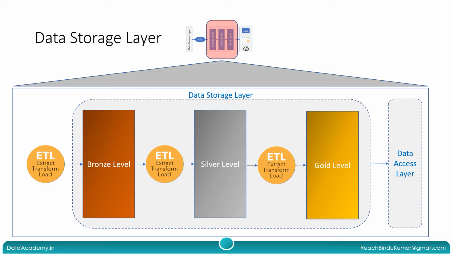If somebody is looking at some fine grain data, they can connect to silver level. Or if somebody wants to look at the data as is, unprocessed, they can connect to the bronze level. So data lakes offer all the three different levels, and the user is free to choose which ones they want to connect to.